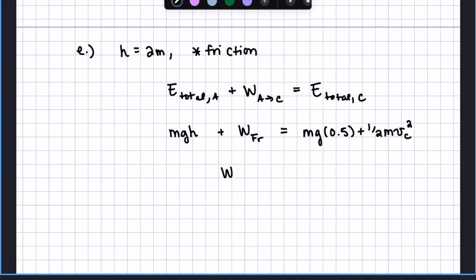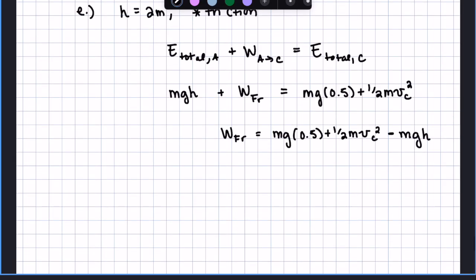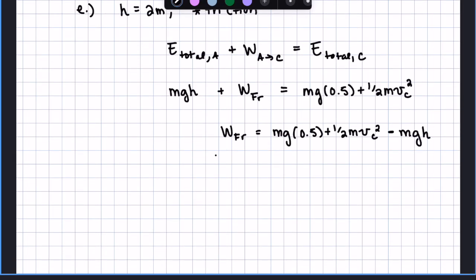But so we can isolate that guy. Now we couldn't cancel out any M's, since now we're trying to solve for what that work is going to be, but otherwise we do have everything we need to sub into this.